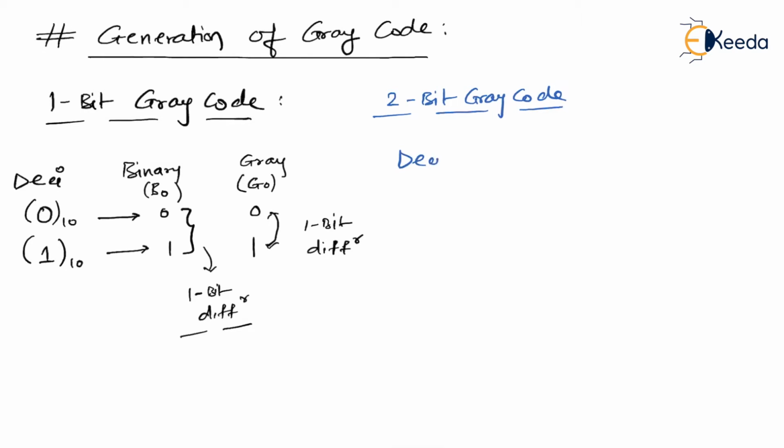Therefore, I'll take 0, 1, 2, 3 as the 4 digits of decimal. All of them have base 10, so I'm not going to write the base because here I have specified their decimal numbers. Then I'll represent them with the help of binary bits. Since we have provision of 2 bits, let me write B1, B0.